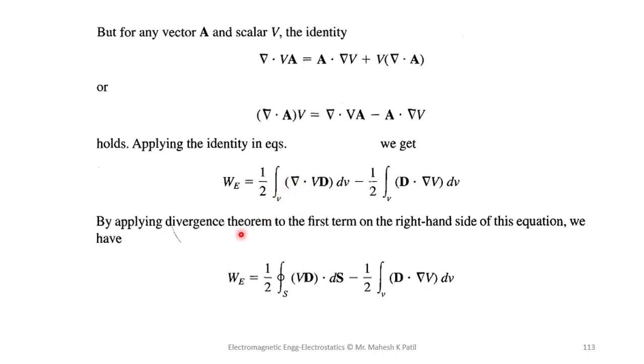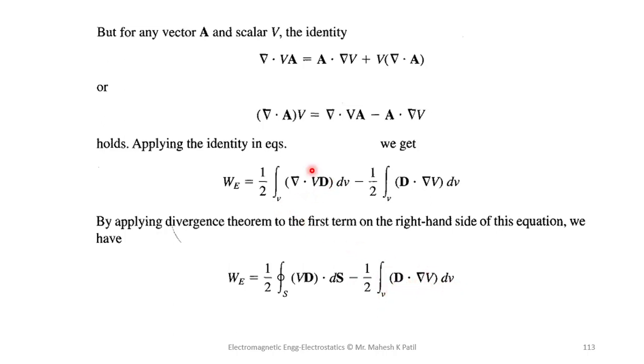So by applying the divergence theorem, this volume integration can be converted into a closed surface integration. We can write this term as closed integration of VD dot ds, and the second term we write as it is, minus 1 by 2 integration D dot del V dv.